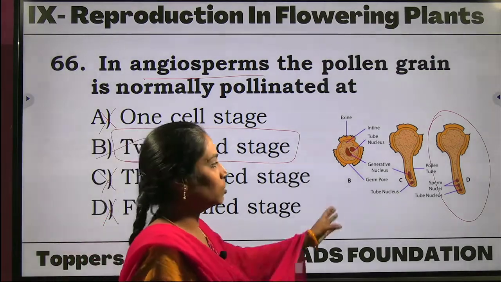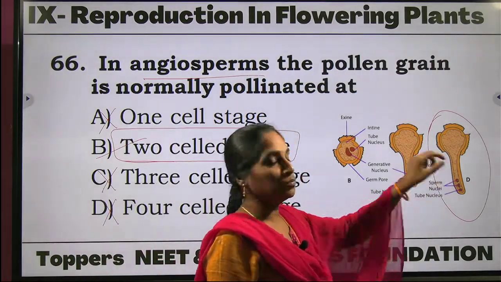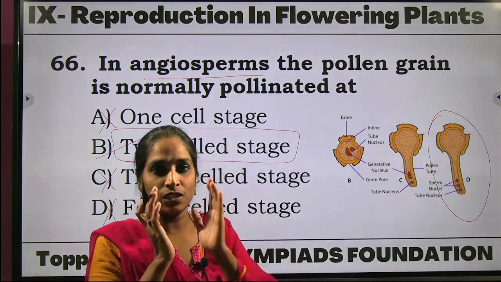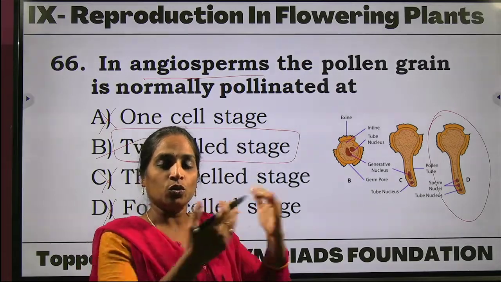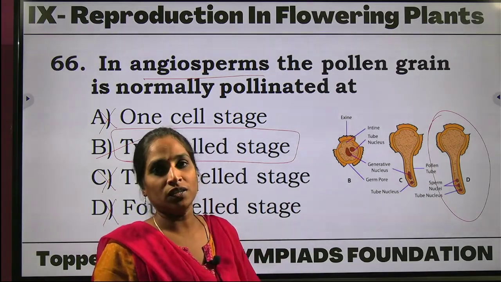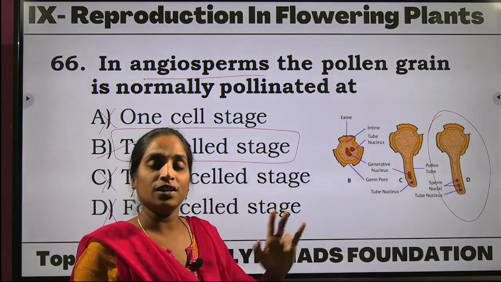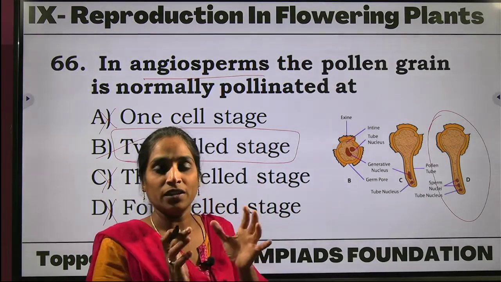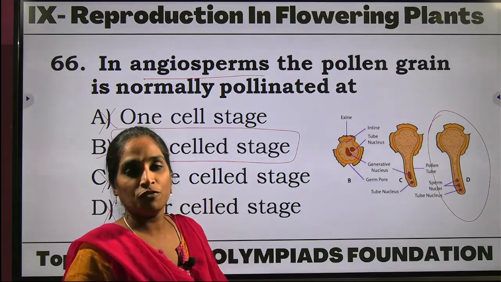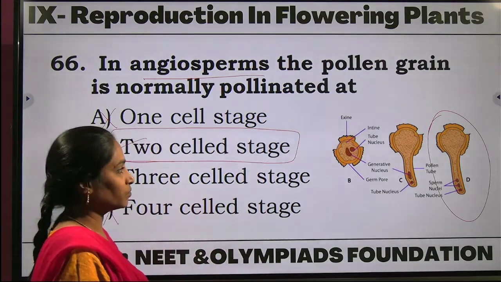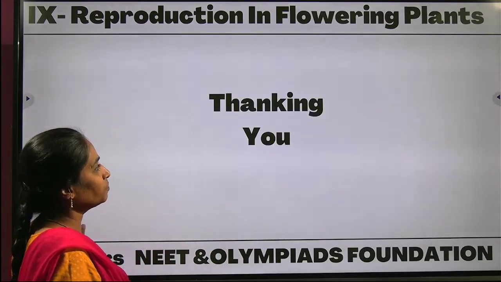Understood? The figure also indicates the 2 sperm nuclei. The sperm cells will be ready to fuse with the egg cell and the secondary nucleus to form the complete structure of a fruit and the seeds. Right? Hope you all understood.